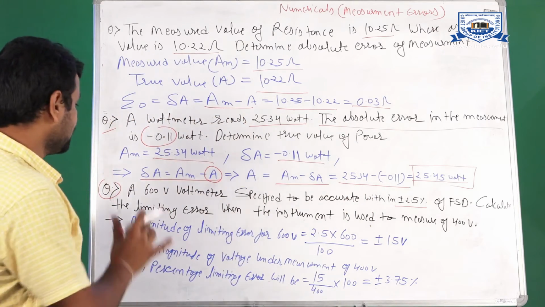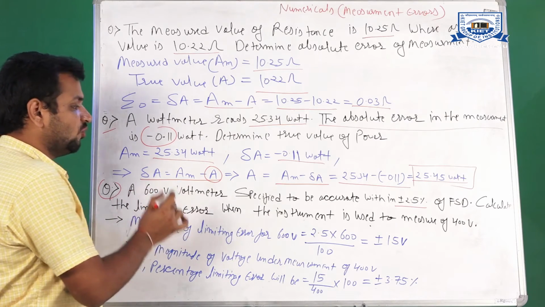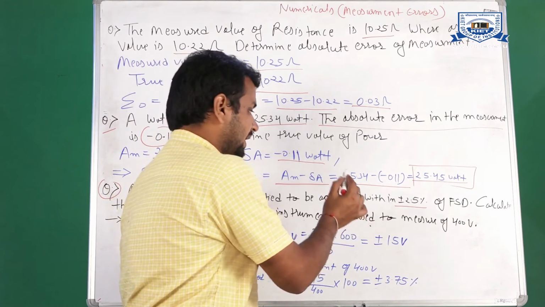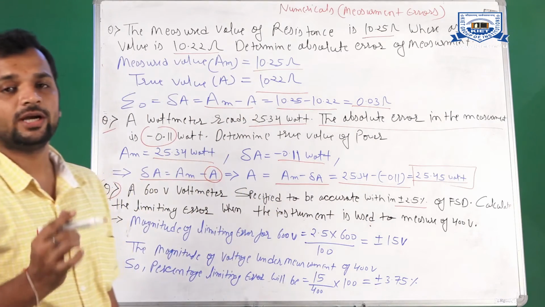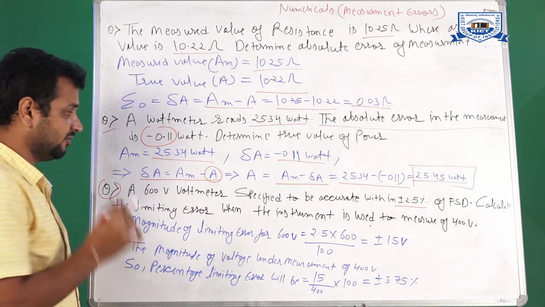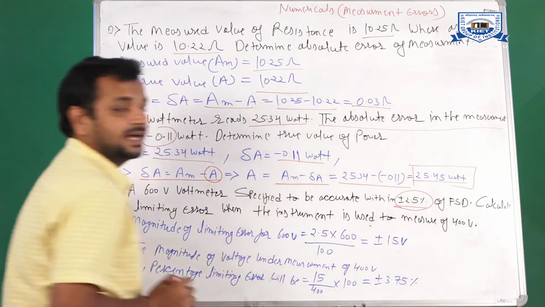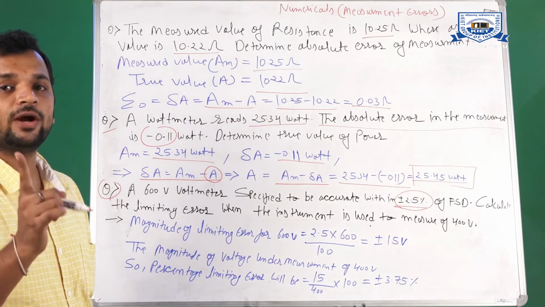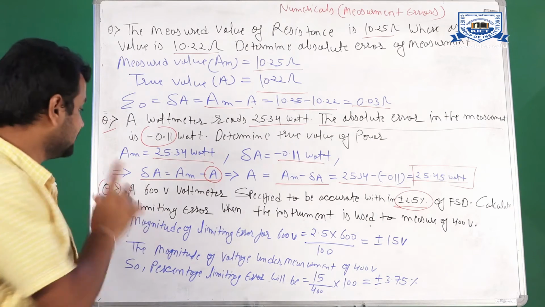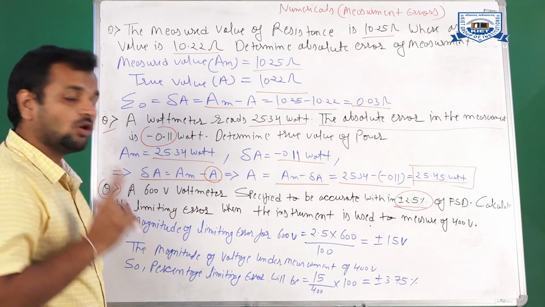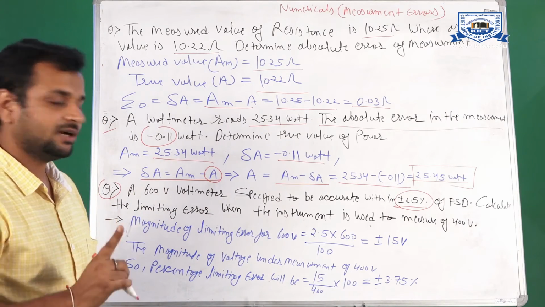That means a 600 volt voltmeter is specified to be accurate within plus minus 2.5%. That means the limiting error value is plus minus 2.5% for the 600 volt voltmeter.